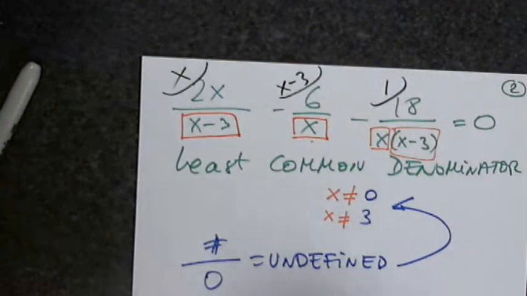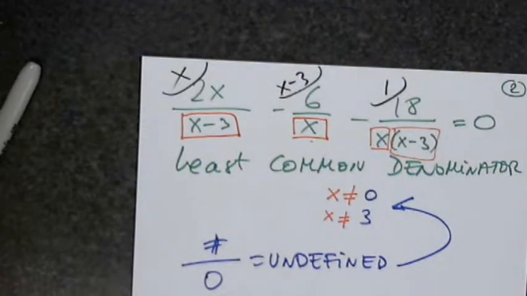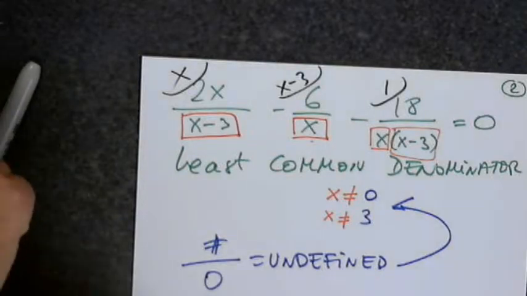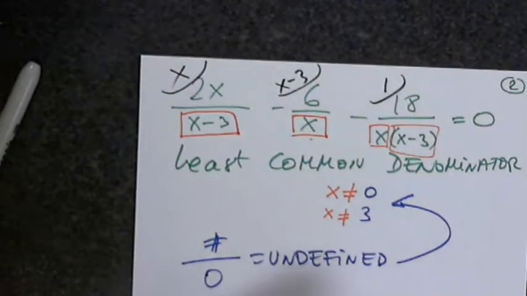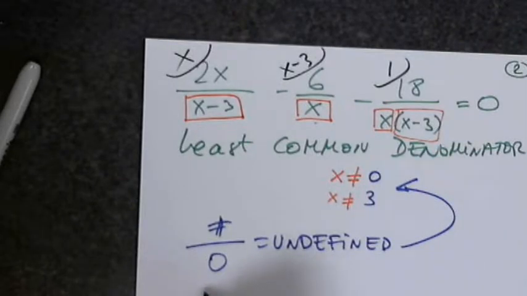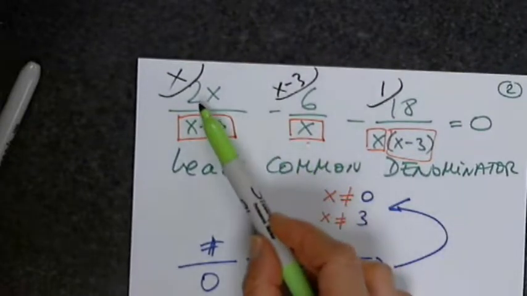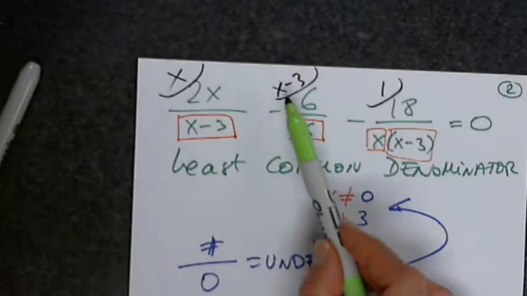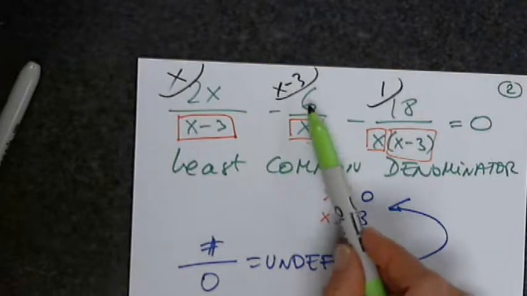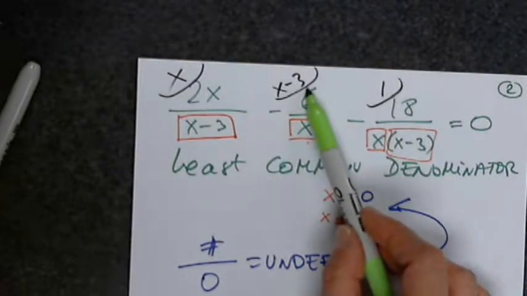Good. Now, can anyone dictate the numerator of this new fraction we have? So 2x squared, I agree. Negative 6 times x, I agree. But negative 6 times negative 3, I don't agree.